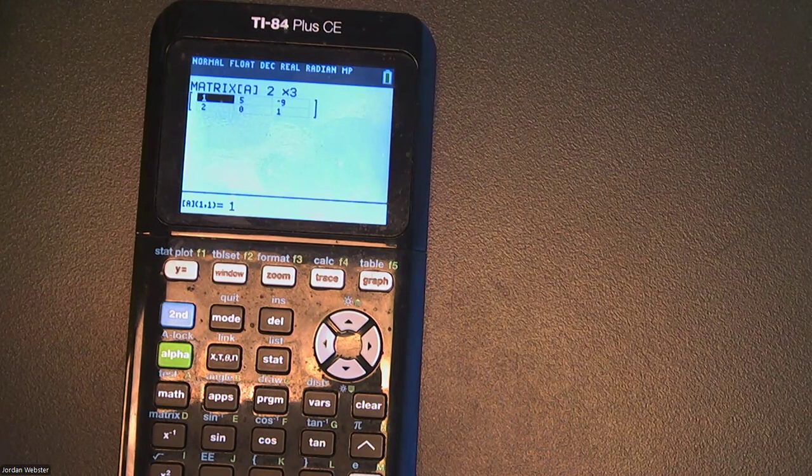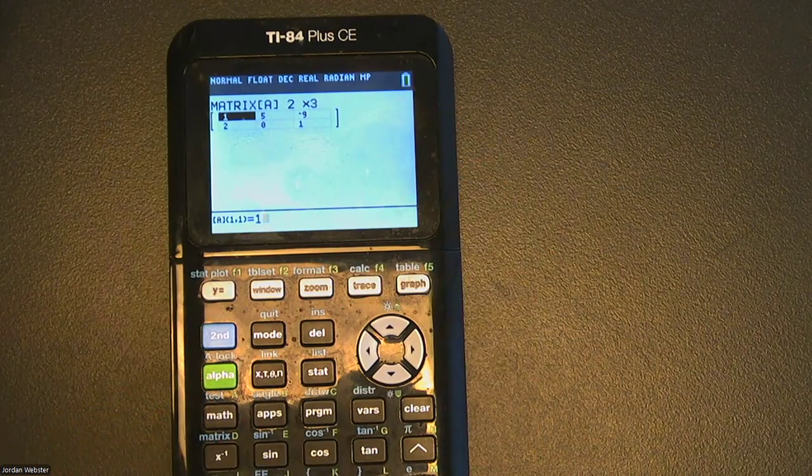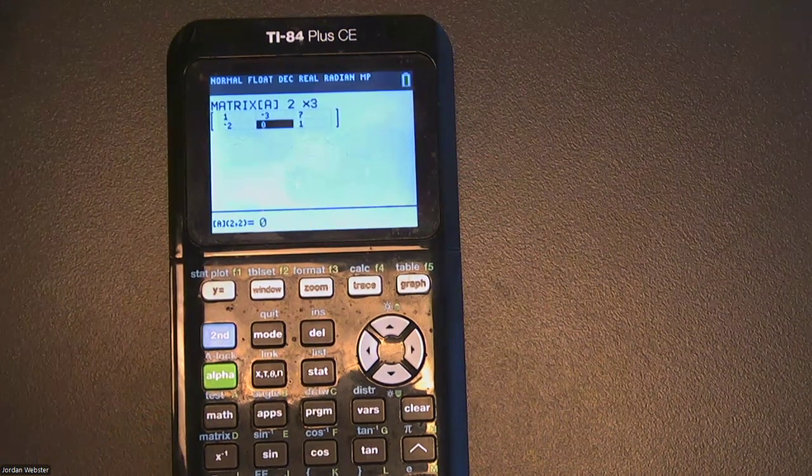This is going to represent a 2 by 3 augmented matrix. The entries are going to be 1, negative 3, 7, and negative 2, 6, negative 10.